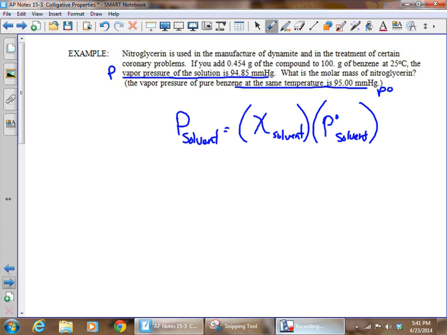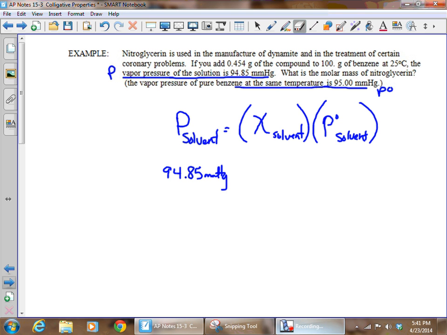So that's our general equation. We know some of those values. We know that the vapor pressure of benzene when it's got something dissolved in it, in this case nitroglycerin, is 94.85 millimeters of mercury.